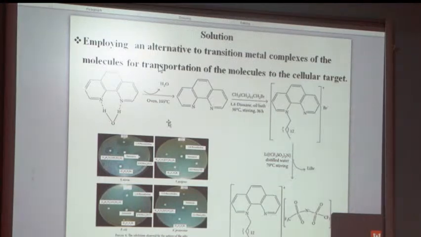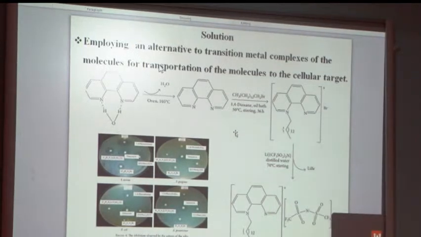This is done by quaternizing one of the nitrogen atoms, so that its coordination ability is very significantly diminished. Therefore, the removing tendency of important metal ions from the biological system is diminished very strongly, and the flat structure is retained.